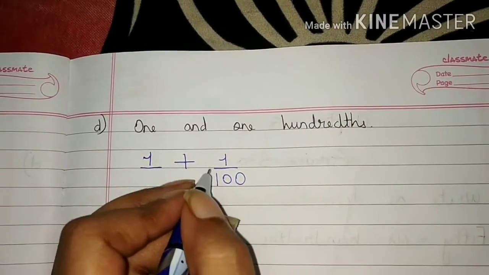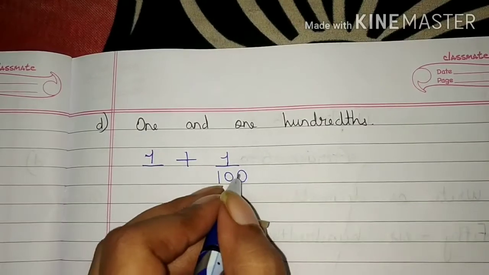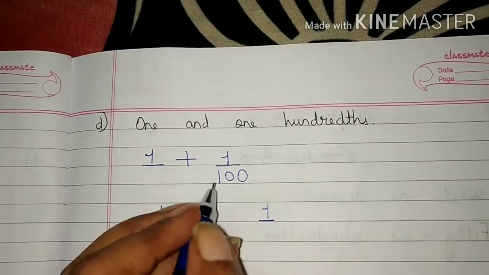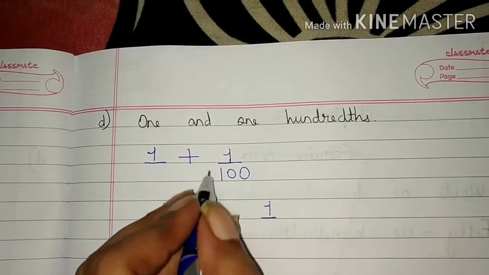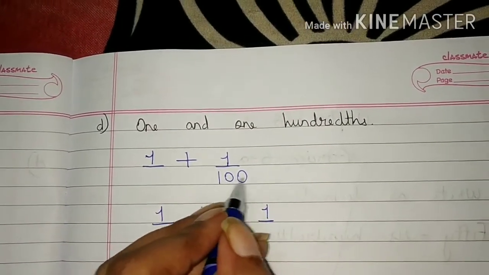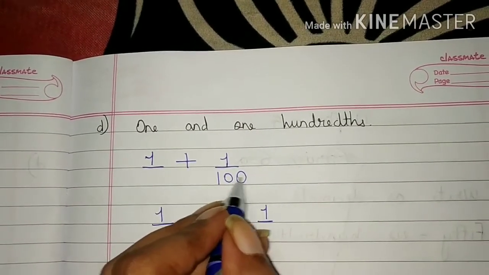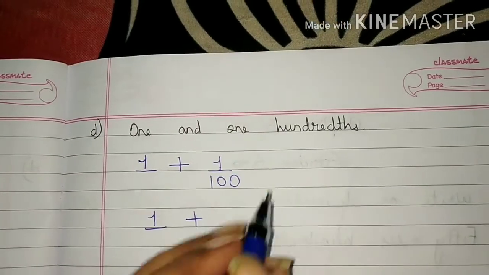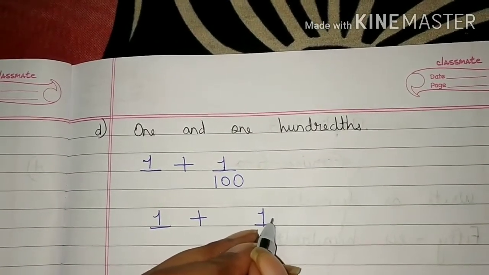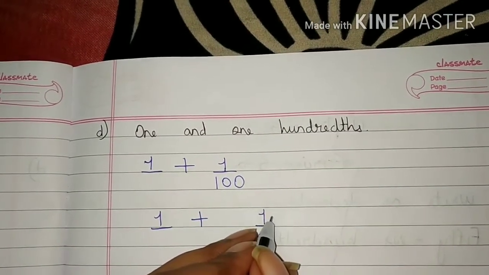Students, you can see here numerator is 1 and denominator is 100. So we will write the numerator 1 here and then count the number of 0 in the denominator place. Students, you can see here 0 is written 2 times. So we will come to the numerator, that is 1, and start counting from the right hand side and leave 2 numbers and then place a point.